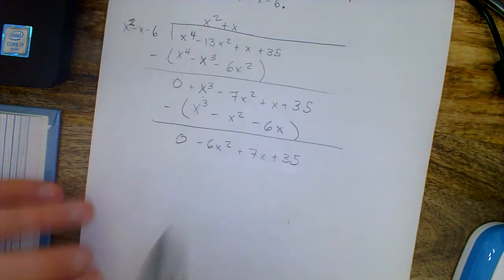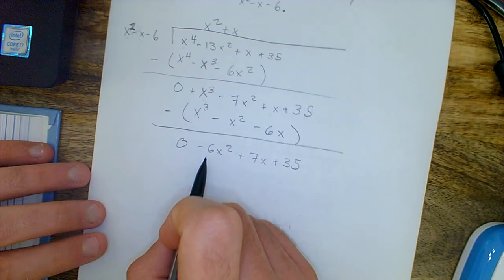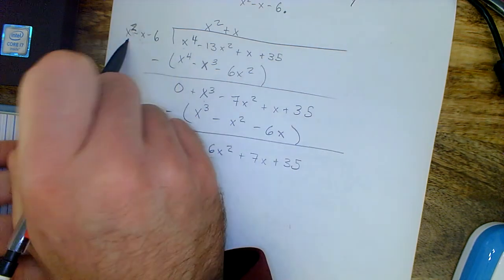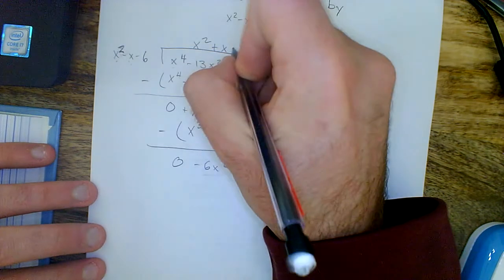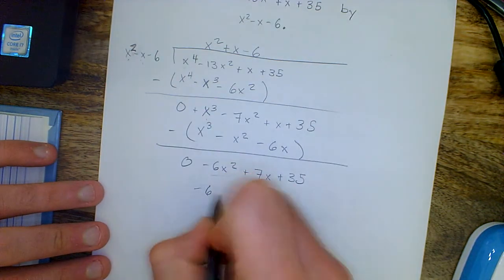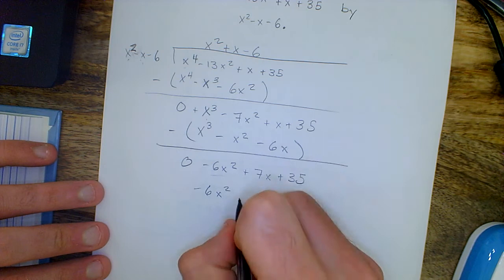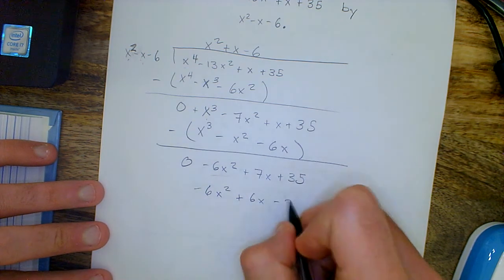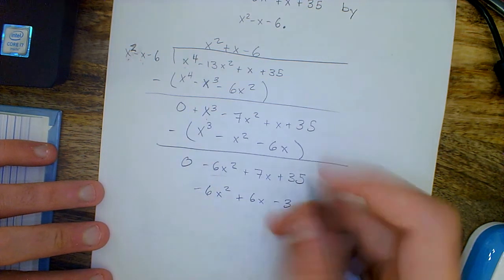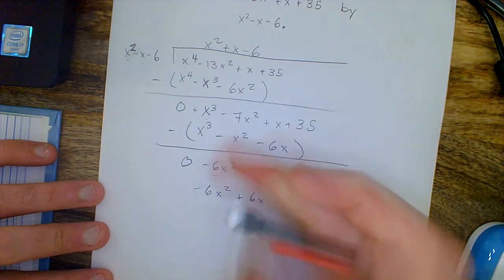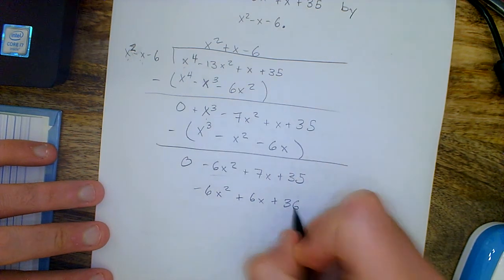So our degree on this polynomial is not smaller than this degree yet, so we need to keep going. So here I have a negative 6x squared in my leading term, and here I have just a regular x squared, so I need to multiply our divisor by negative 6. So I have a negative 6x squared plus 6x, and then minus 30. Oh, it's actually plus 36.